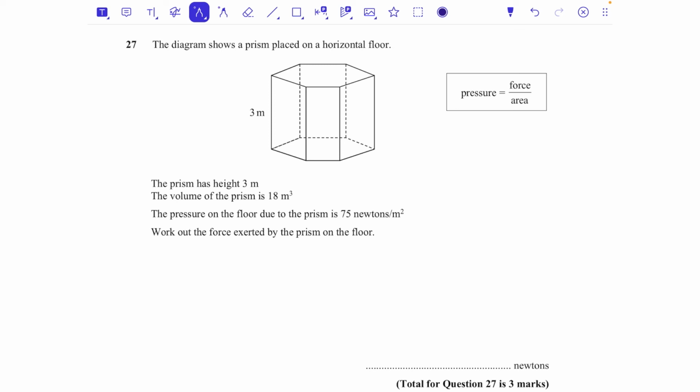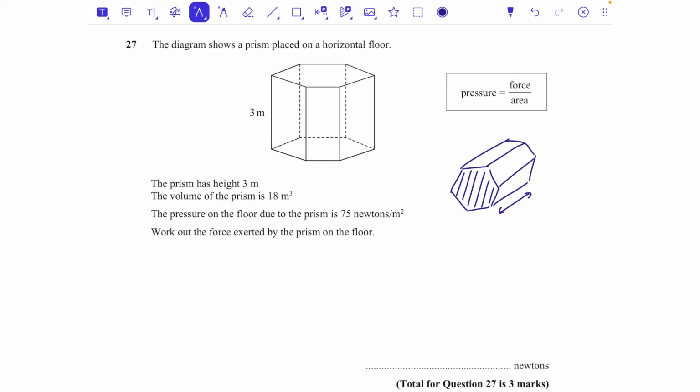Now, if you have a prism where you've got that cross section and then it goes back, that's what a prism does. You've got that same shape all the way through. To get the volume of that shape, it's the area of that cross section times by how far back it goes.